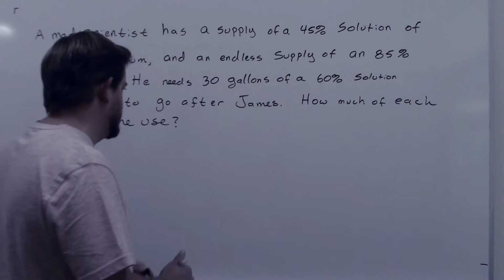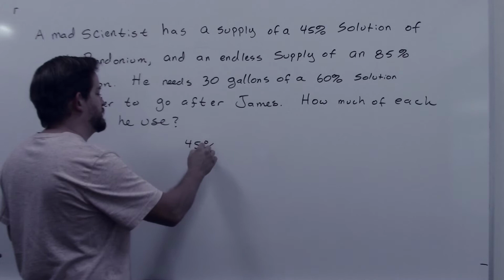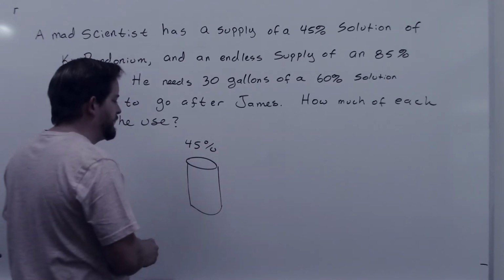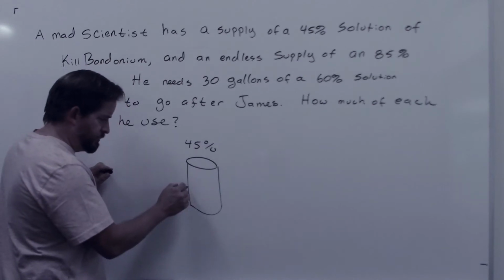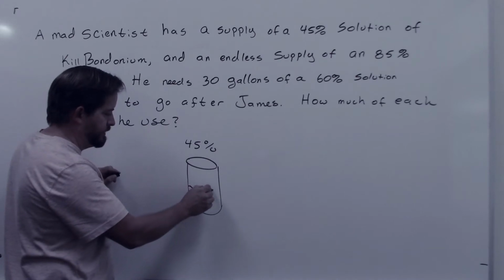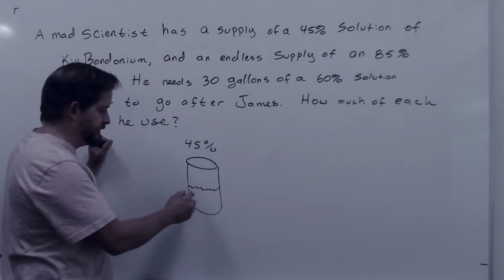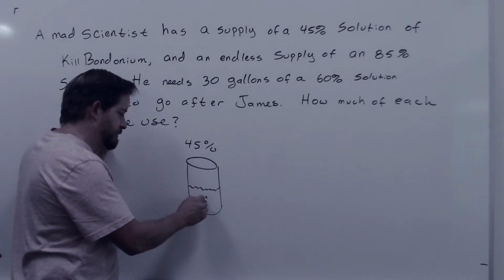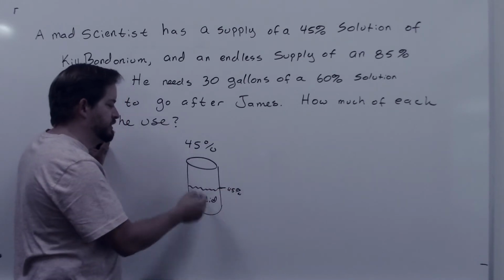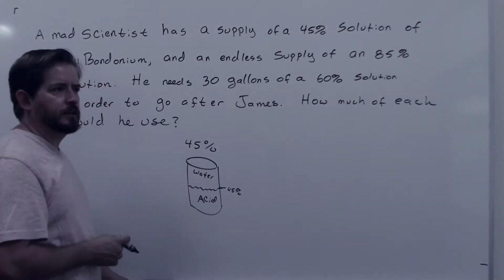So the idea here is that we have two mixtures. We have a 45% solution of whatever this kilbondonium is, right? Which means if you were to separate it, then 45% of it would be the actual acid, let's say, because it's easier to think of it as an acid, and the rest would probably be something like water or oil, whatever that acid got dissolved into.